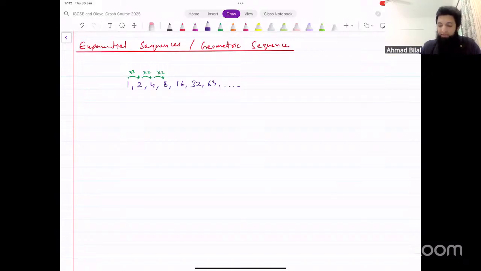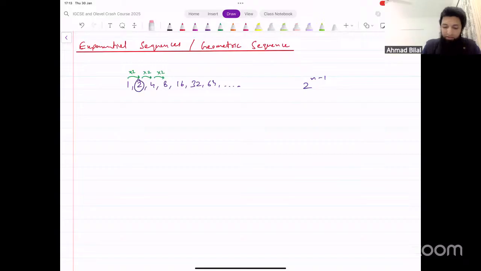This is basically 2 raised to the power n, where you have n in the power. So when n is 1, 2 raised to the power 1 is, in this case, in fact, it will be 2 raised to the power n minus 1, because it's kind of shifted to the left. When n is 1, you'll get 1 from this. When n is 2, you'll get this.